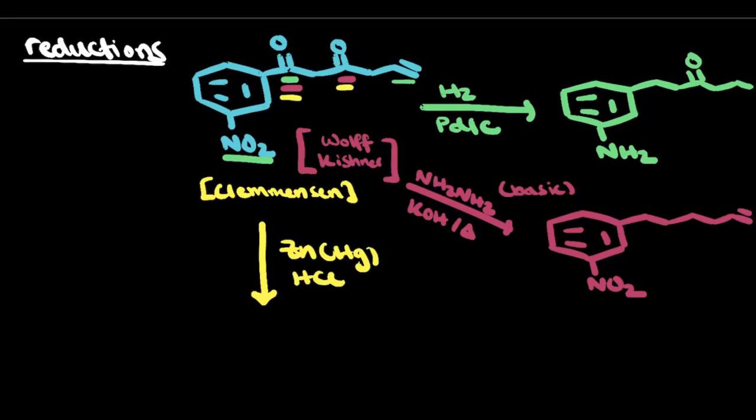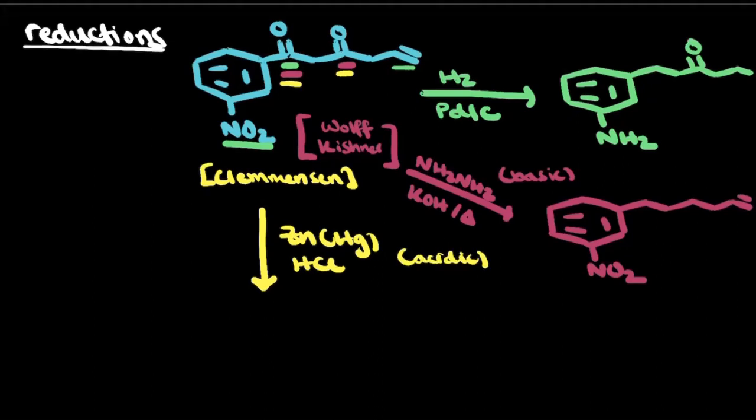It'll do the exact same thing as your Wolff-Kishner reaction did, but now in acidic conditions. You could tell because there's an acid in there. Nothing else is touched, and you end up, once again, removing both of your carbonyls, right?